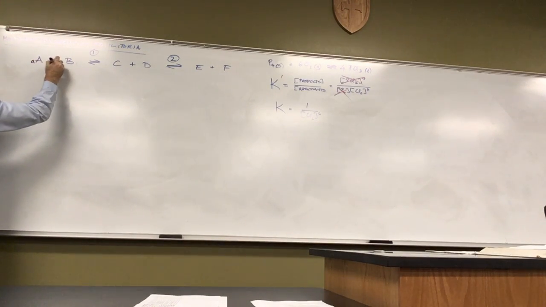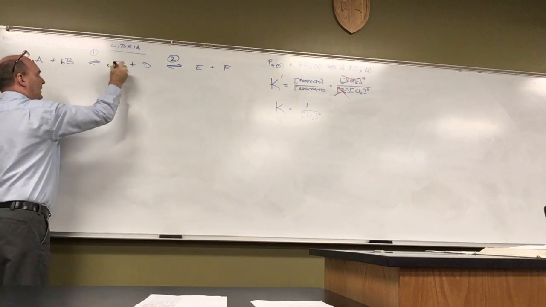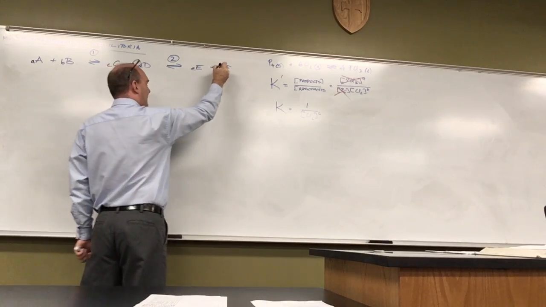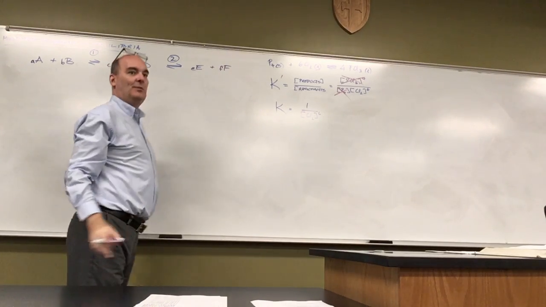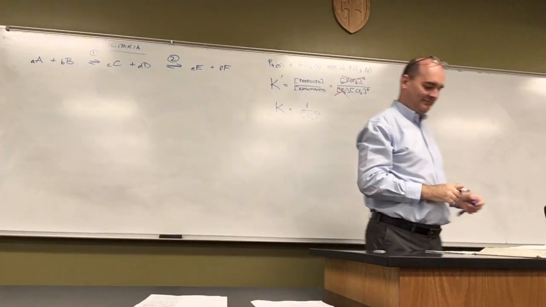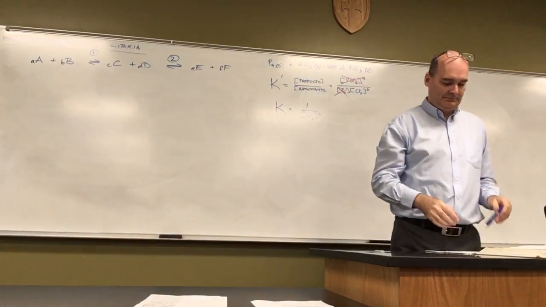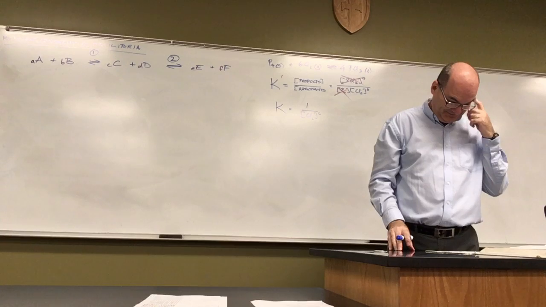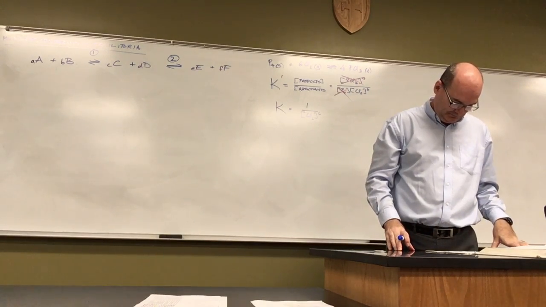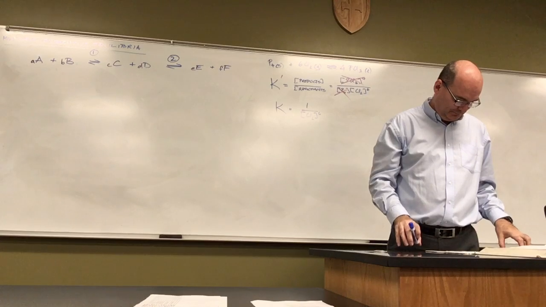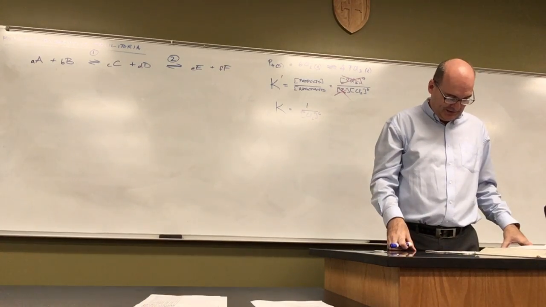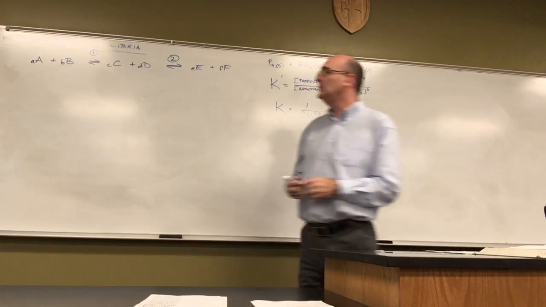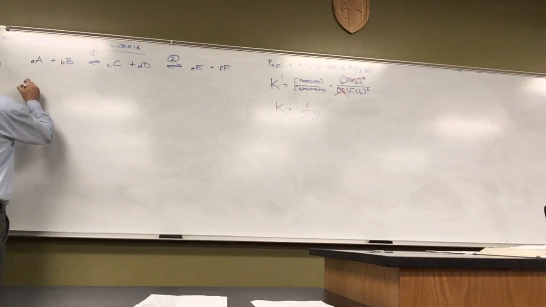So let's have A molecules of A react with B molecules of B to make C molecules of C and D molecules of D, which ultimately will make E molecules of E and F molecules of F. If they're all one, which is what I'm going to end up doing, then no harm done. All right, let's look at step 1.